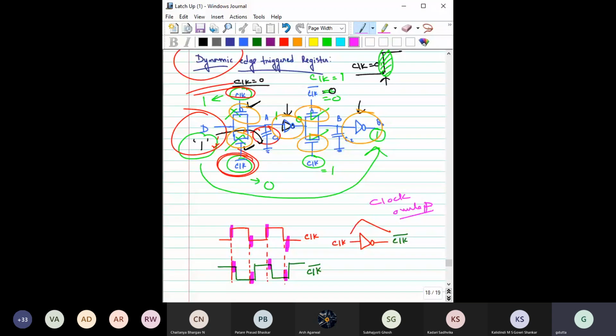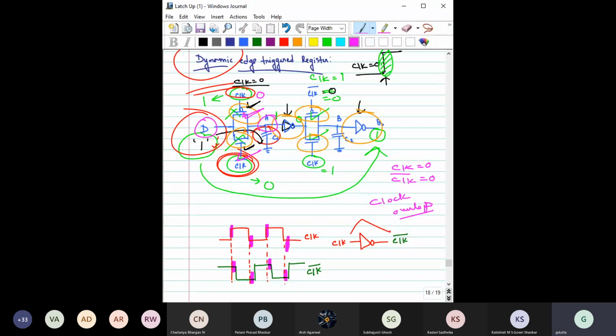So if this issue happens, see what is happening here. Consider the 0, 0 case. When clock is equal to 0, this transistor is on, and clock bar is also equal to 0, so this transistor is also on. So we have a direct path from Q to here.